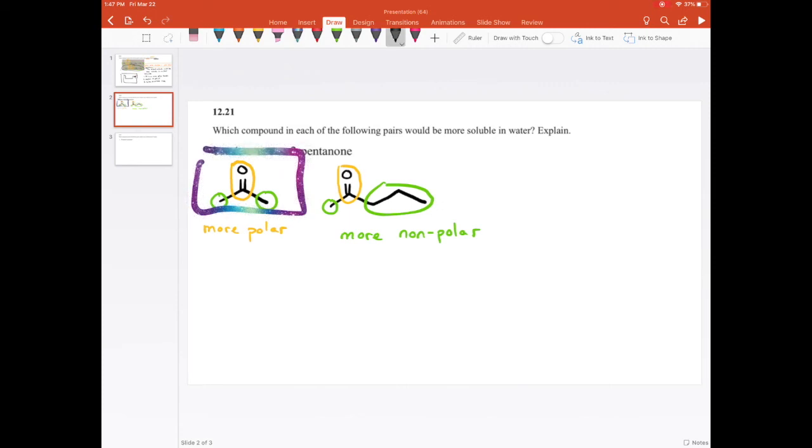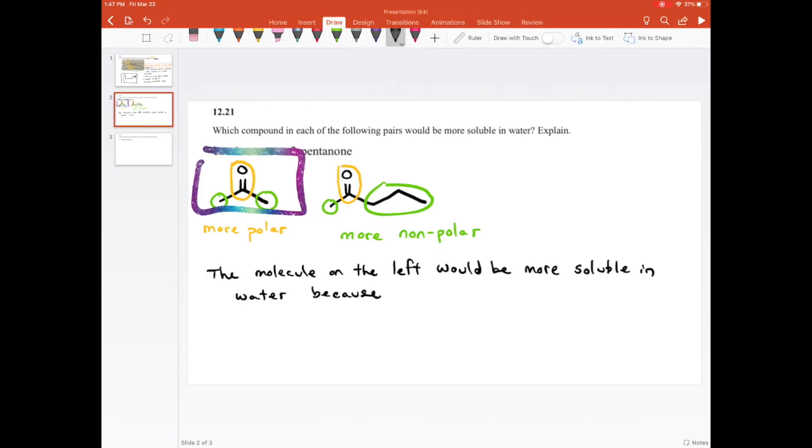You'd say the molecule on the left would be more soluble in water because, 1, it has fewer nonpolar bonds.